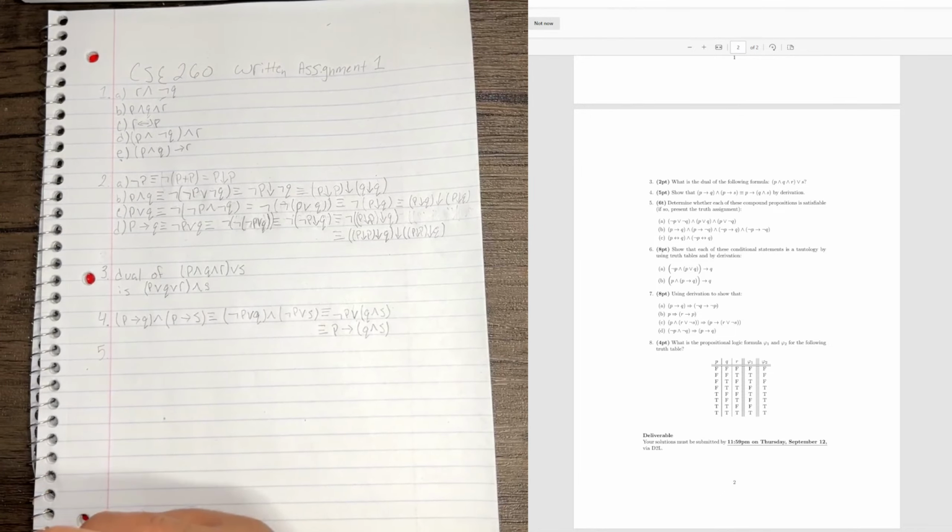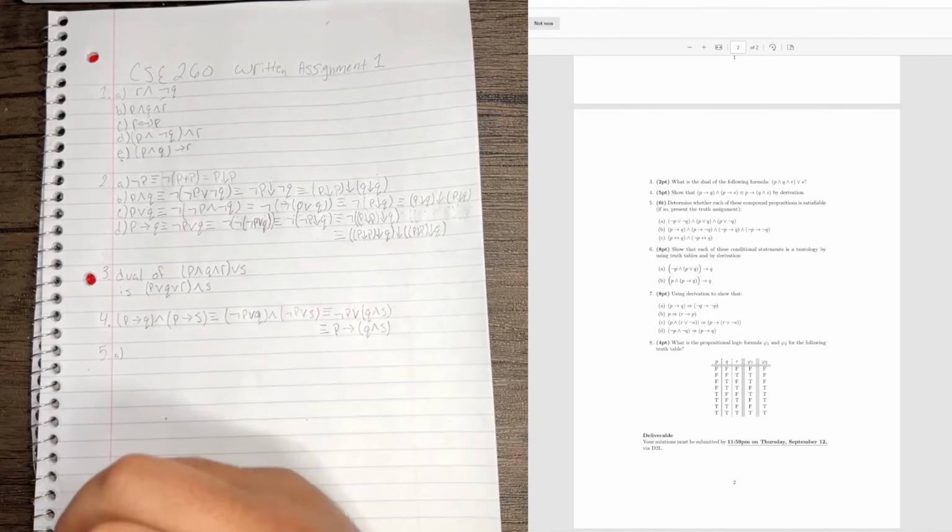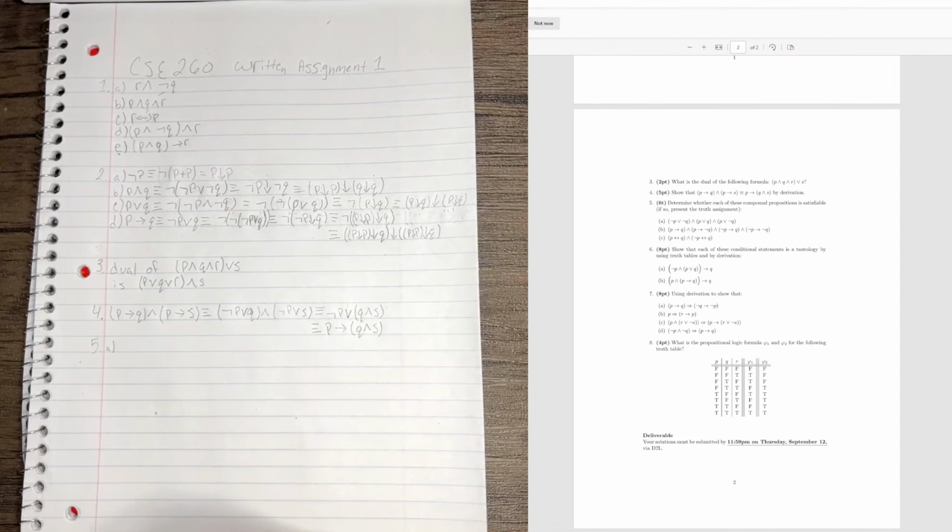So present the truth assignment. I feel like I could just write the truth tables for all of them, just to keep it simple. That's a lot of writing that I don't care to do, but I can.